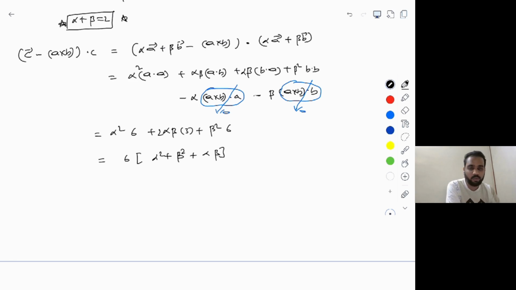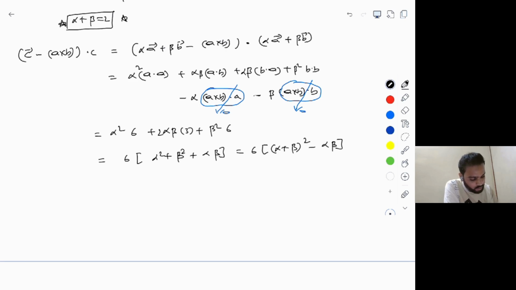And then we have one more condition from the solution itself, that we got alpha plus beta is equal to 2. Let's try to eliminate one of the variables by doing some simple manipulation. I can write this as 6 times alpha plus beta whole square minus 2 alpha beta and plus alpha beta, which will give you minus alpha beta, right?